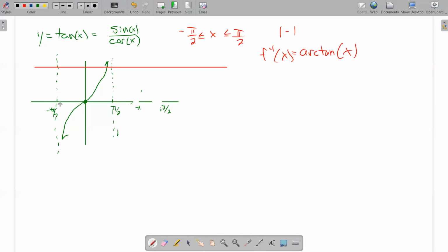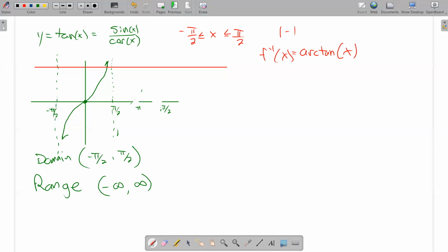Well, again, the inverse function switches x and y, so the domain and range switch. So here I had, with the original, a domain of negative pi over 2 to pi over 2, not including the endpoints. And I had a range of all y values, so negative infinity to infinity.